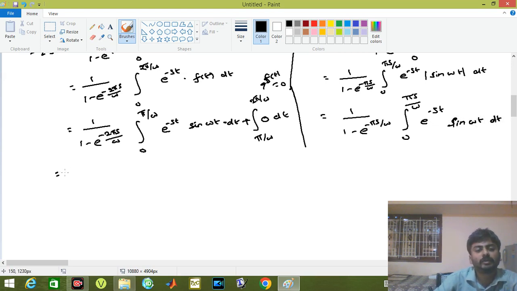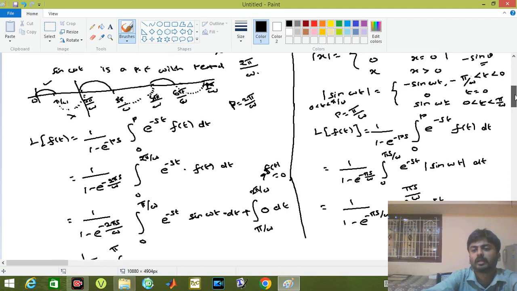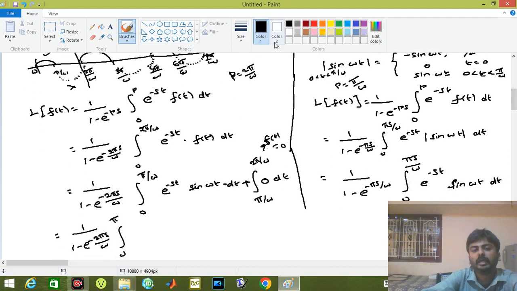Here also it will be 1 by 1 minus e power of minus 2 pi s by omega into the integral from 0 to pi by omega.